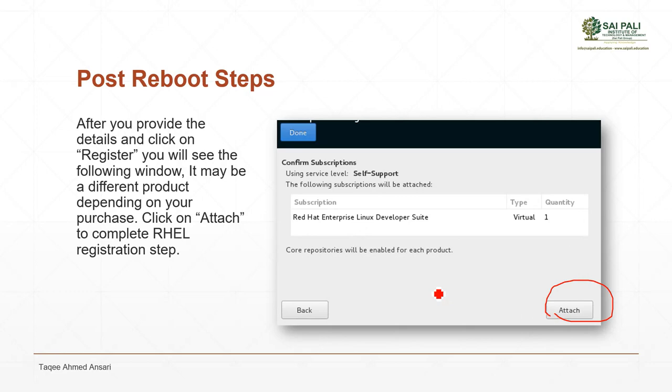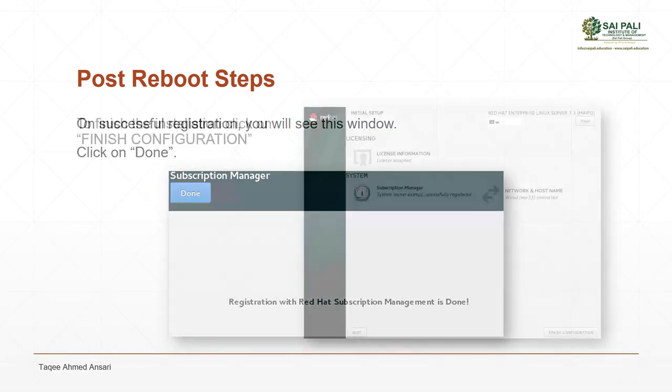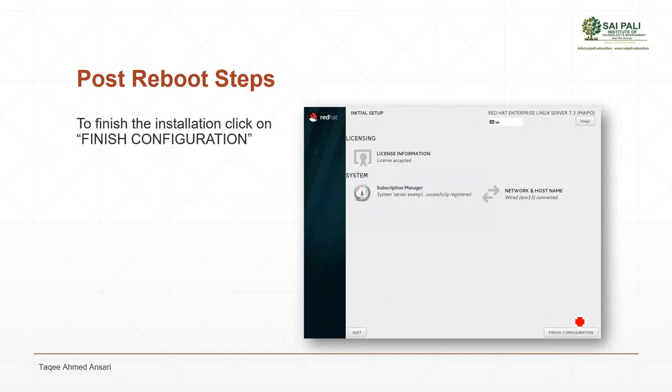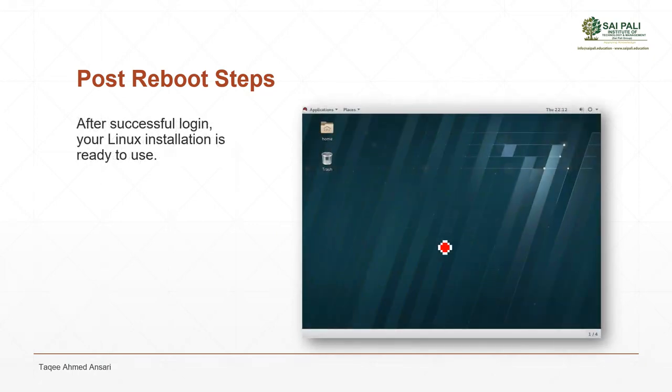Now where will you get the username and password? When you get the subscription and you are done, it says your registration is done and you are having a genuine version. After that you say finish and finish the configuration, then reboot. Then the login option will come. You select the username, give the password, and then here is your desktop.